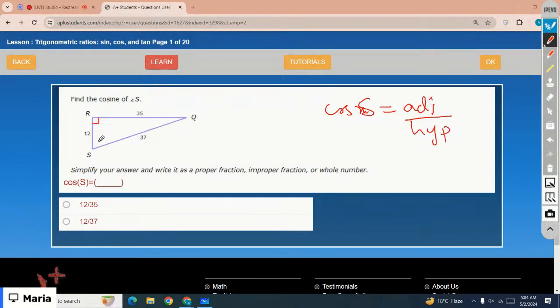Now here is the angle S. Which is the adjacent according to angle S? Adjacent is this one, that is 12, divided by hypotenuse 37. So the correct option is 12 over 37, option number 2. If you have any question, please ask.